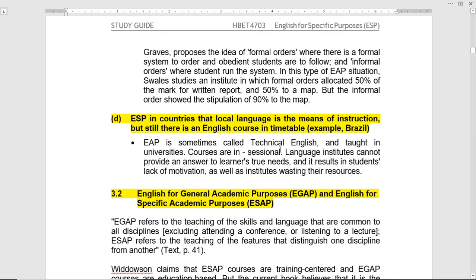EAP is sometimes called technical English and taught in universities. Courses are in-sessional. Language institutes cannot provide an answer to the learner's true needs, and it results in students' lack of motivation, as well as institutes wasting their resources.